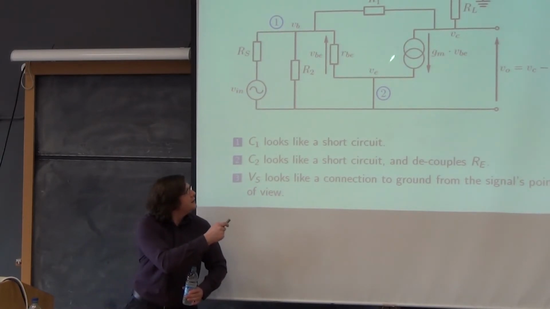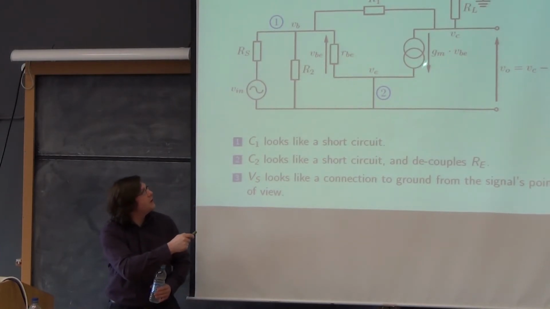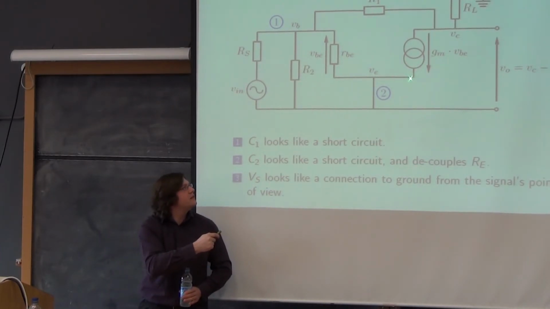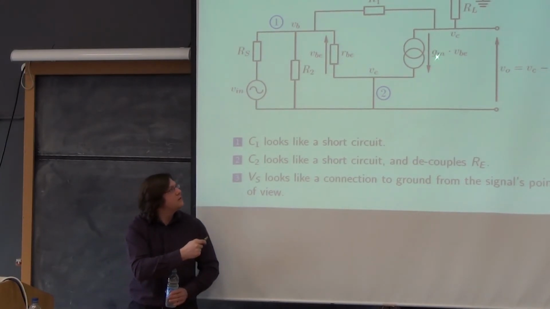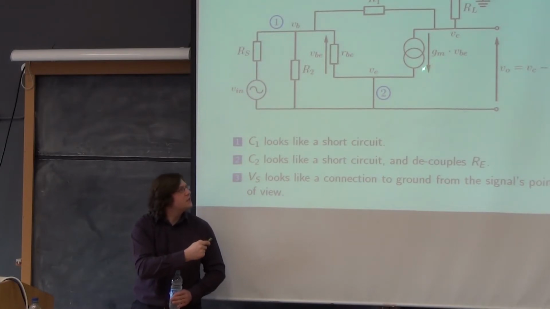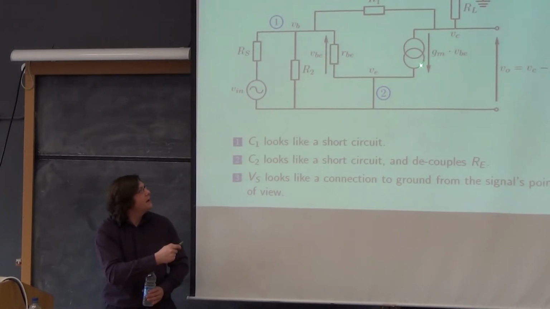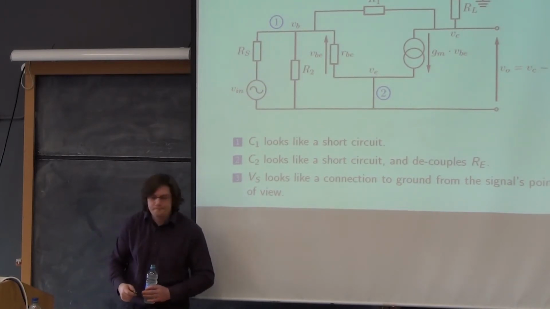And this is the controlled current source, which represents the collector to emitter arrangement. And this is controlled by the small signal transconductance GM and the small signal voltage between the base and the emitter.